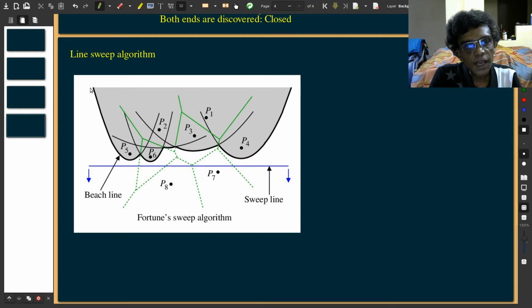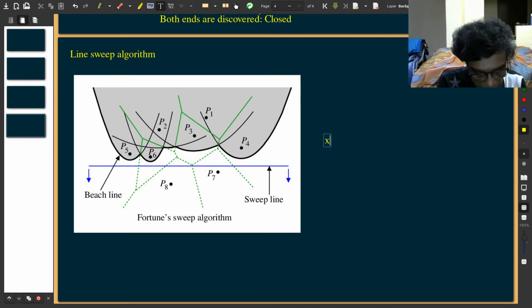And you see that if you walk along this beach line, keeping the sea on your left, your x coordinate will always increase. It can never decrease. So in that sense, the beach line is called x monotone.